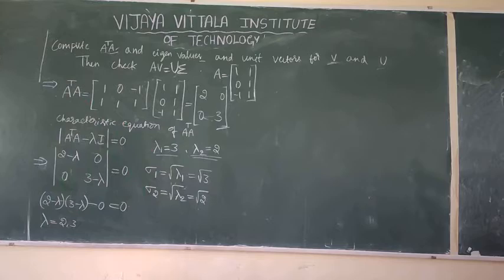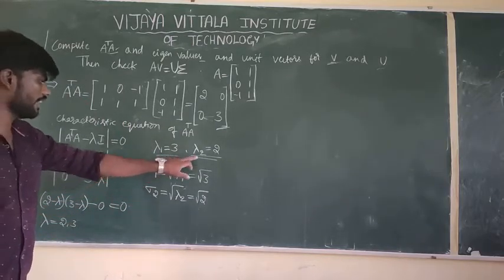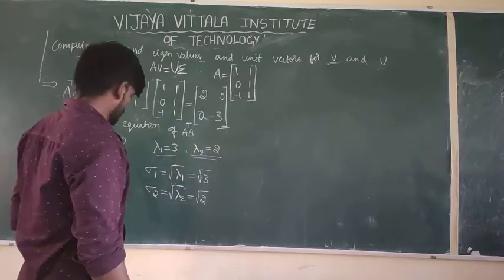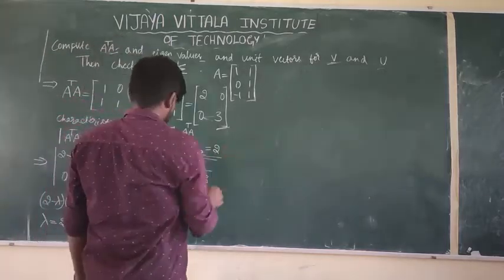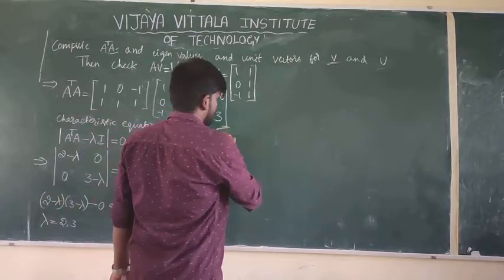In the next step, we have to find the eigenvector corresponding to these eigenvalues. To find eigenvectors, we need the characteristic polynomial.